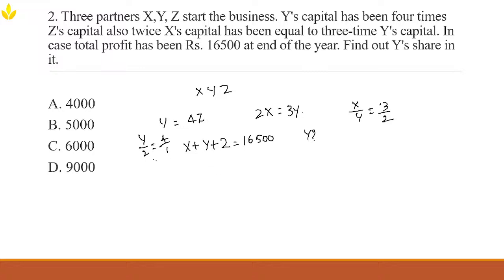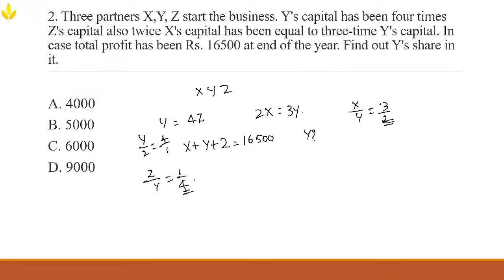We reverse the value and check Z by Y, which has the ratio 1 is to 4. Here the Y value is 4 and here it is 2, so if we take the LCM of both, the value will be 4 itself. So for 4, it is 1.